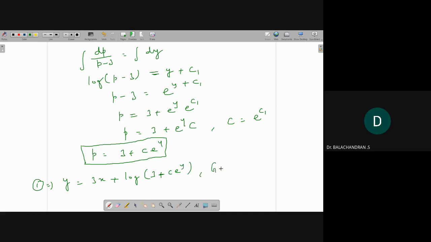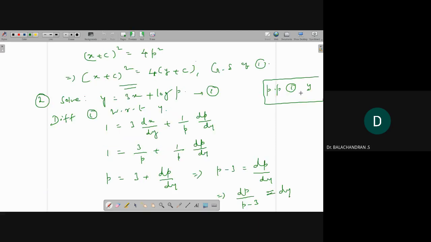This is the general solution of the given problem. So please check whether you are getting the same answer when you try solving for y. If anybody got the answer, you can inform me, now or later.